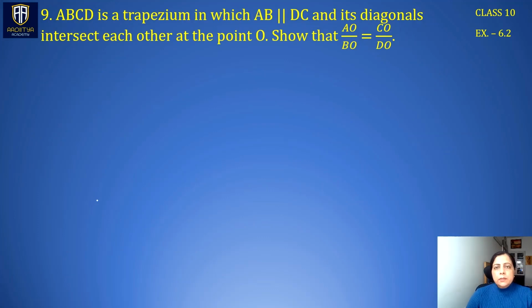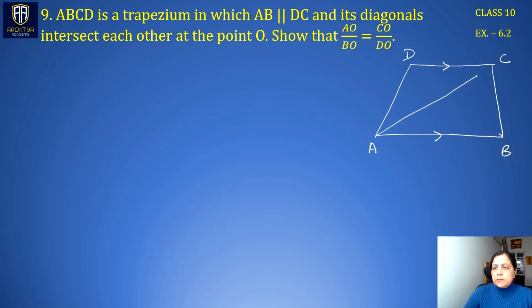Now the next question is, ABCD is a trapezium in which AB is parallel to DC. So we make a trapezium. ABCD is a trapezium in which AB is parallel to DC and its diagonals intersect at point O. This is given to you.